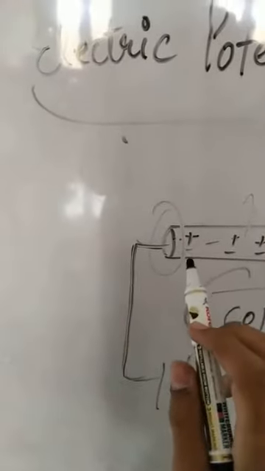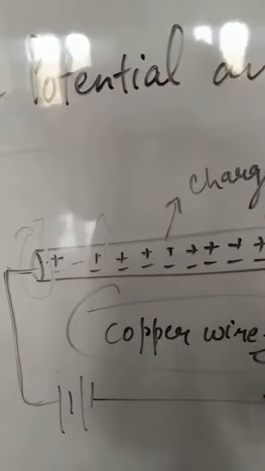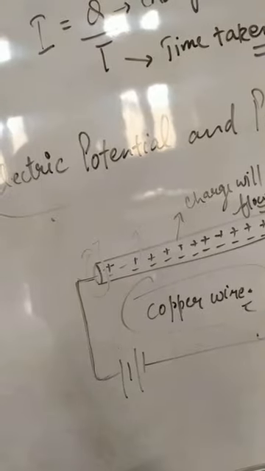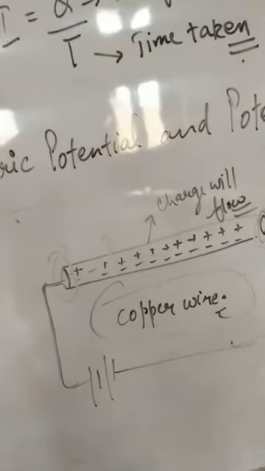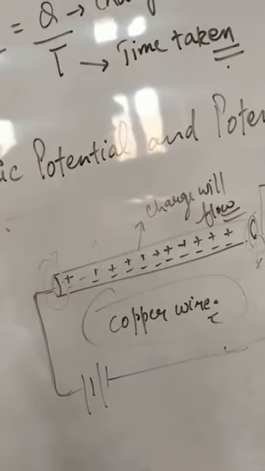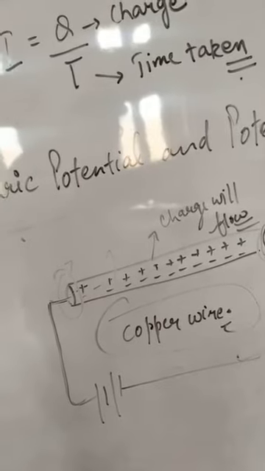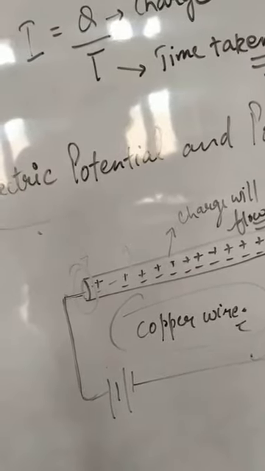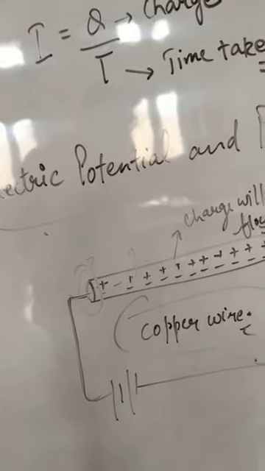This difference in electric pressure is known as potential difference. As I told you, this difference of potential may be produced by a battery consisting of one or more electric cells.